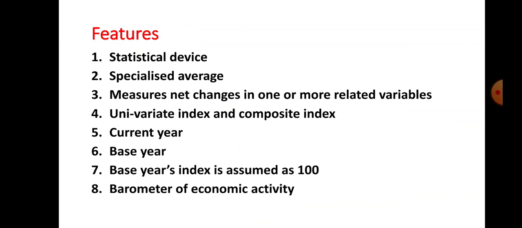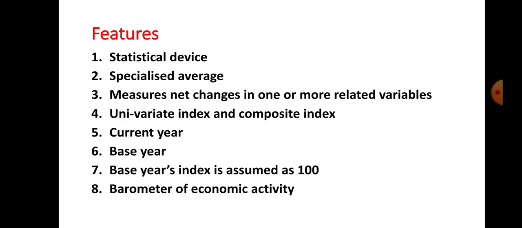Index numbers are specialized averages, expressed in percentage, which help in measuring and comparing the change in those variables which are expressed in different units. For example, we can compare the change in the production of industrial goods and agricultural goods. That's why index number is a specialized average.